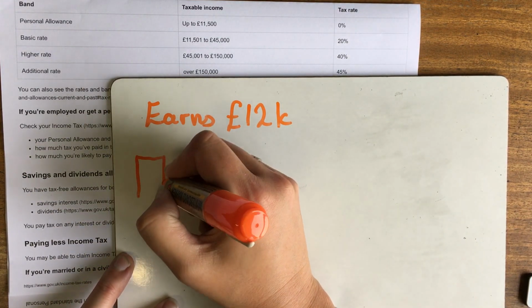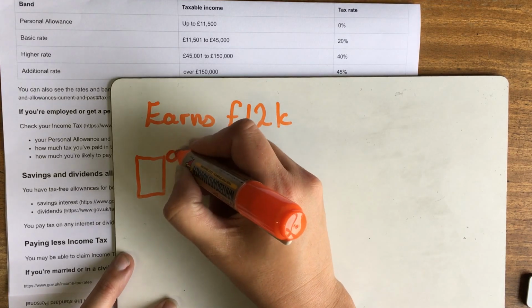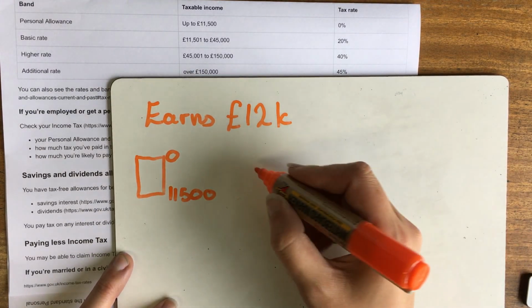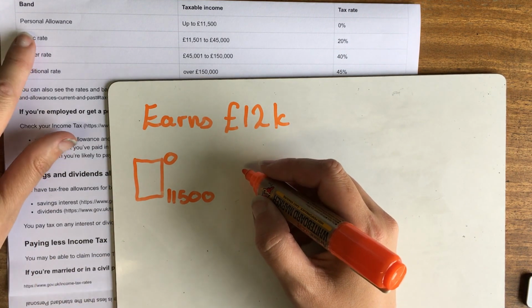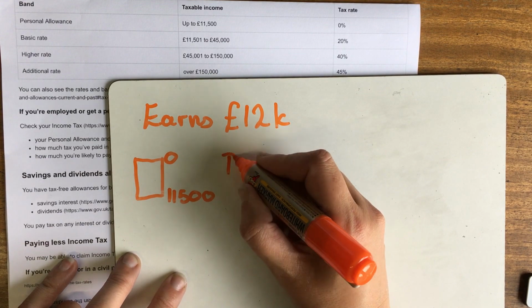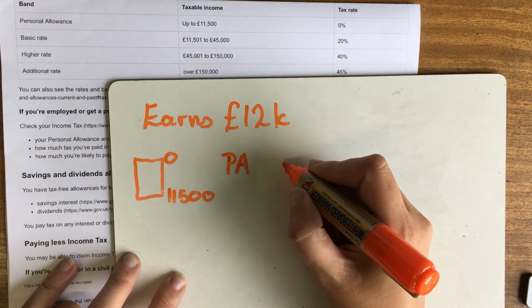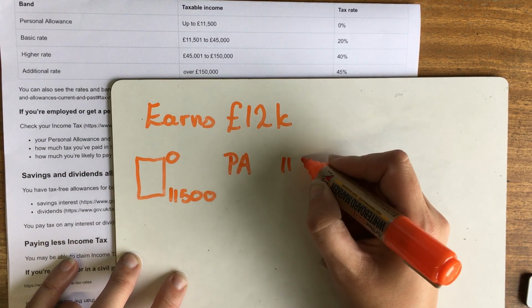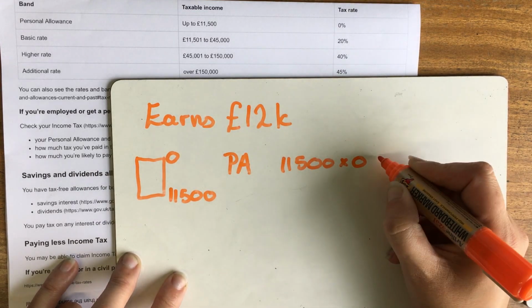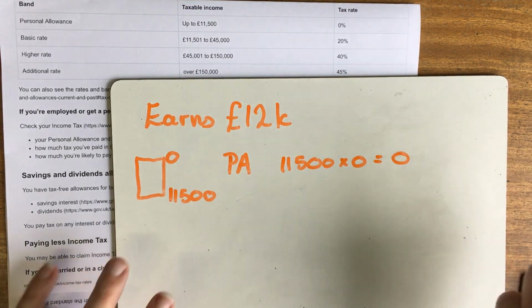You get your first bit from 0 up to 11,500, and that is your personal allowance, and it is taxed at 0. So personal allowance is 11,500 times by a tax of 0, pay nothing on that.